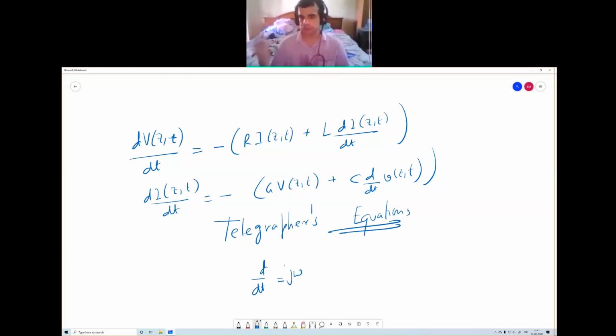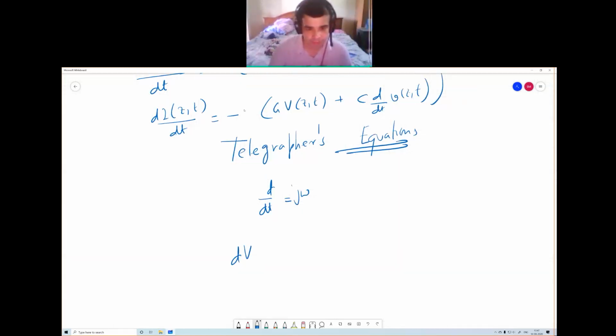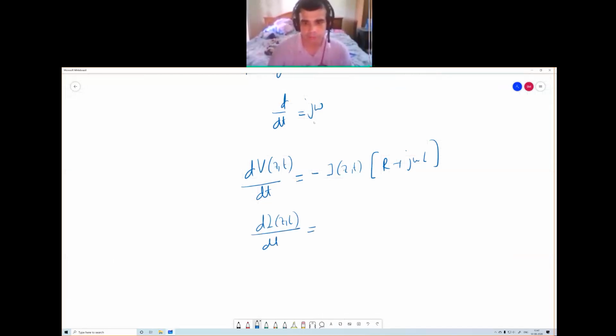For sinusoidal, we have seen that the inductive reactance is j omega L and the capacitive reactance is 1 by j omega C. So these equations can be modified as dV/dz equals minus I(z) times R plus j omega L, and dI/dz equals minus V(z) times G plus j omega C.